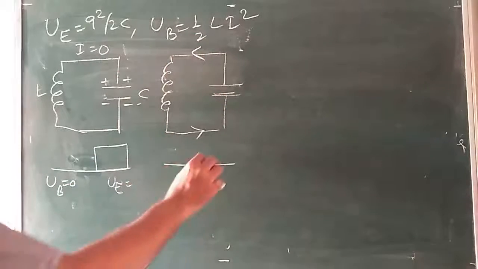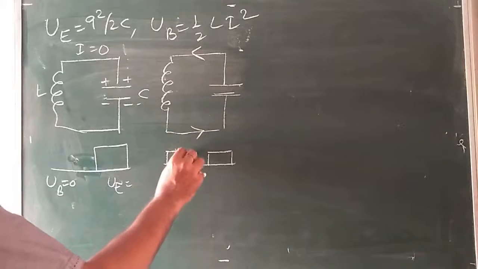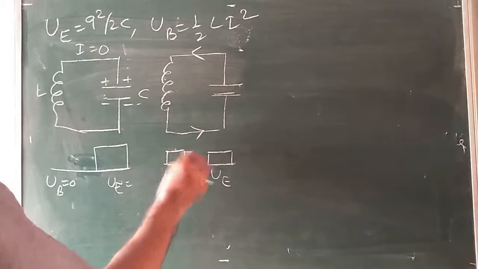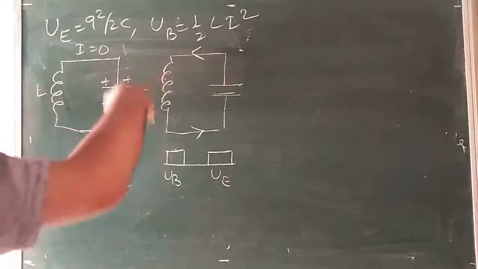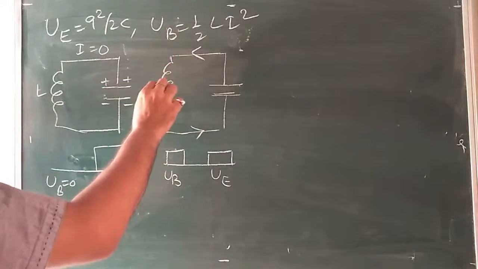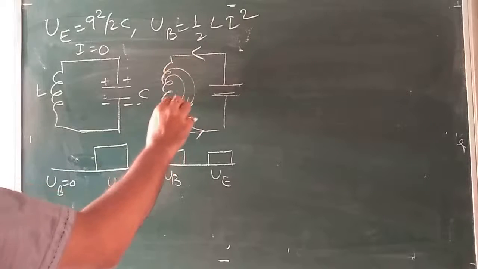Capacitor goes on discharging and this energy is transferred to the inductance. Say this is UE and this is UB. The bar graph is half here. When the current flows in this direction, the magnetic flux changes in this manner.